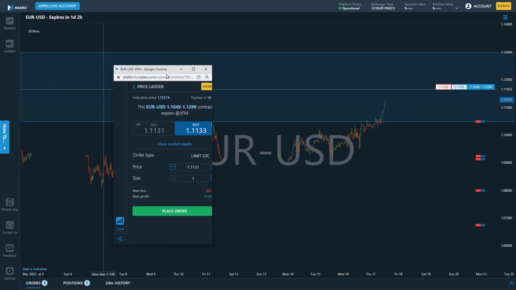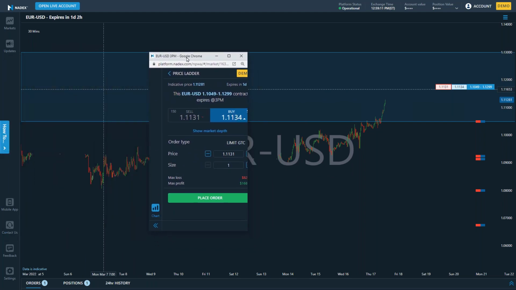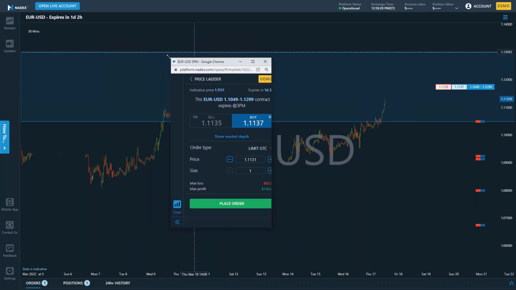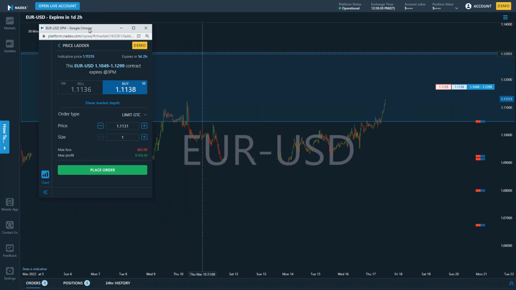You can tear off your order ticket and your charts, and if you've got multiple screens, you can have multiple charts and multiple order tickets open at the same time. And you can manage your screen real estate how you see fit.